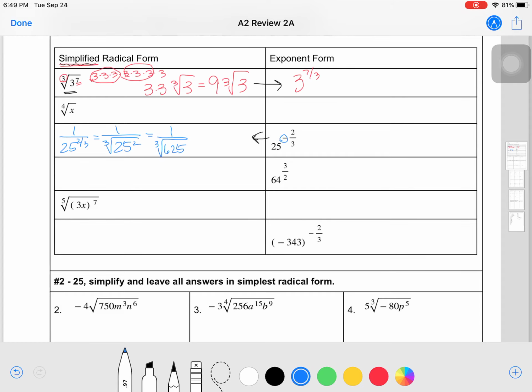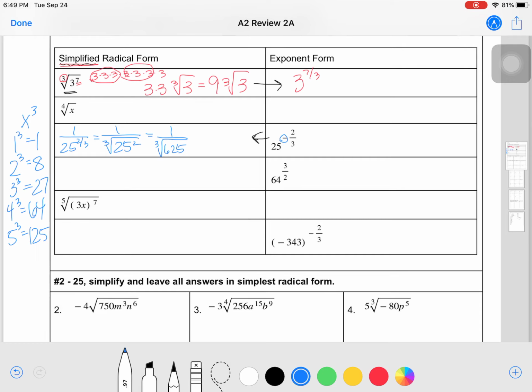So just a quick refresher on that. Since this is a cube root, you need to divide your perfect cubes into it. So that means I'm going to do 1 cubed is 1, 2 cubed is 8, and keep going until I find, this is 27, 4 cubed is 64, 5 cubed is 125.